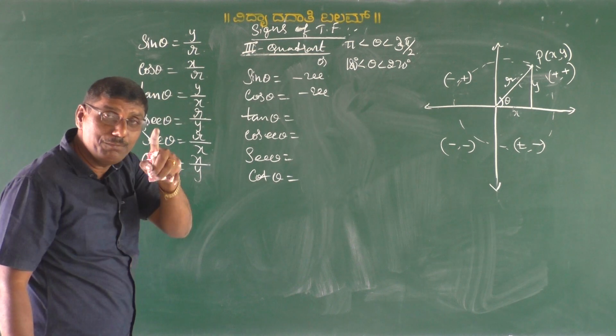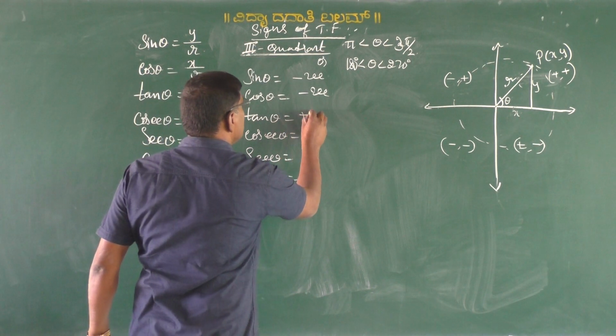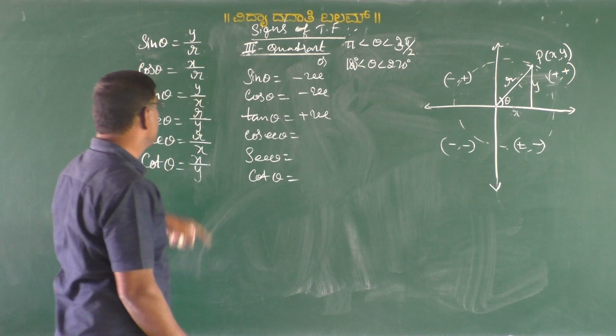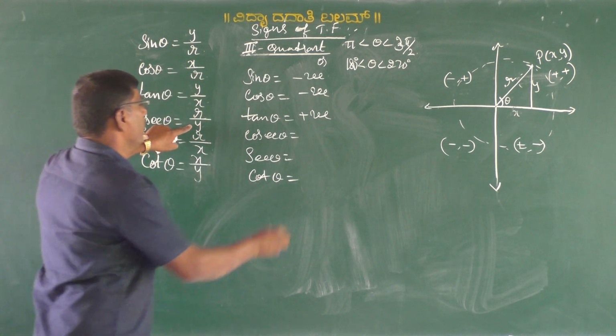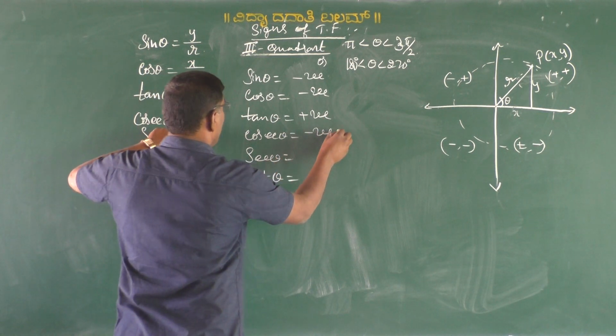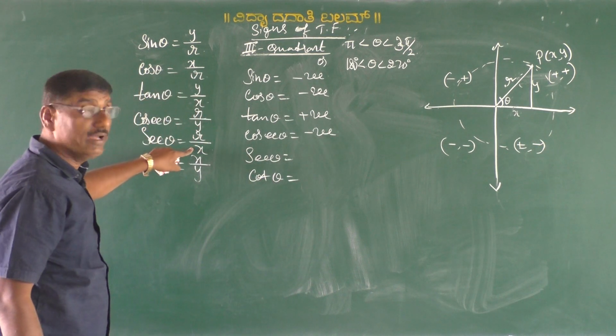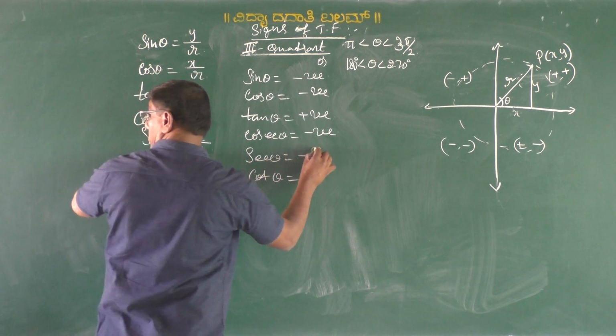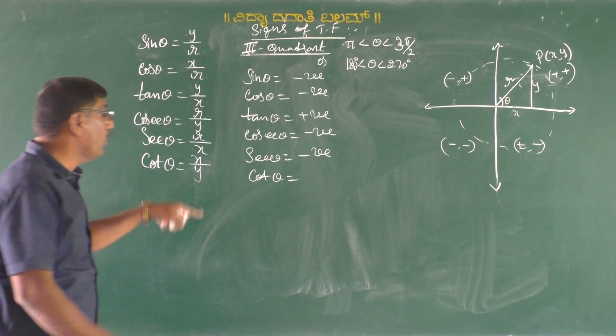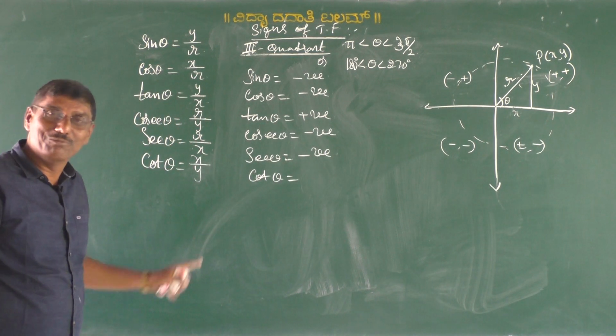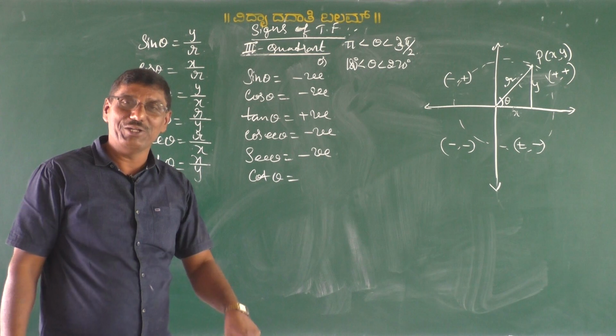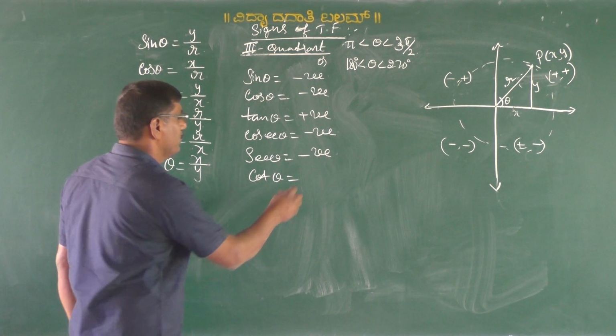Negative by negative we get positive. That is, tan is positive. What about cosecant? Positive by negative we get negative. What about secant? Positive by negative we get negative. What about cot? Both are negative. Negative by negative we get positive.